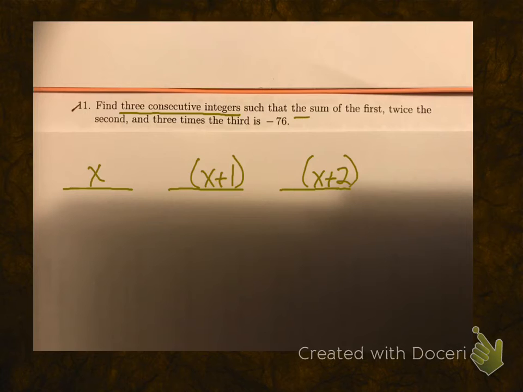Okay. The sum of, so we're going to add them all together. Okay, we got the first one, x, plus twice the second, and 3 times the third is equal to negative 76.